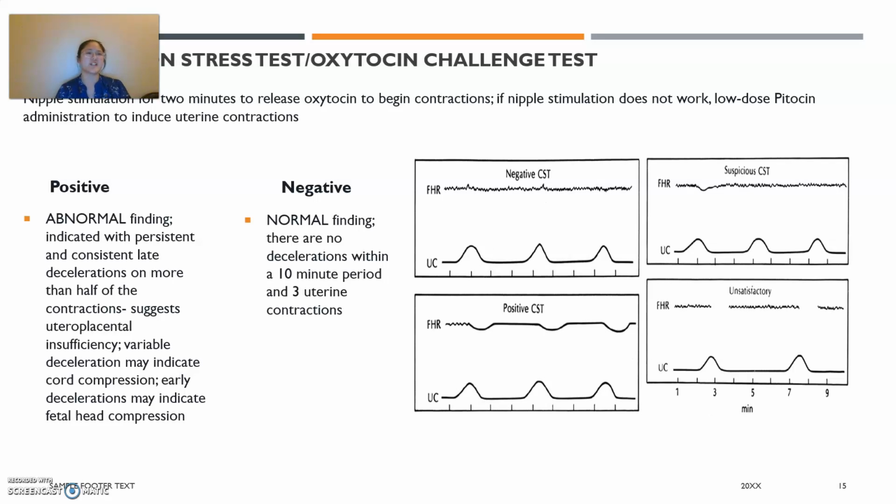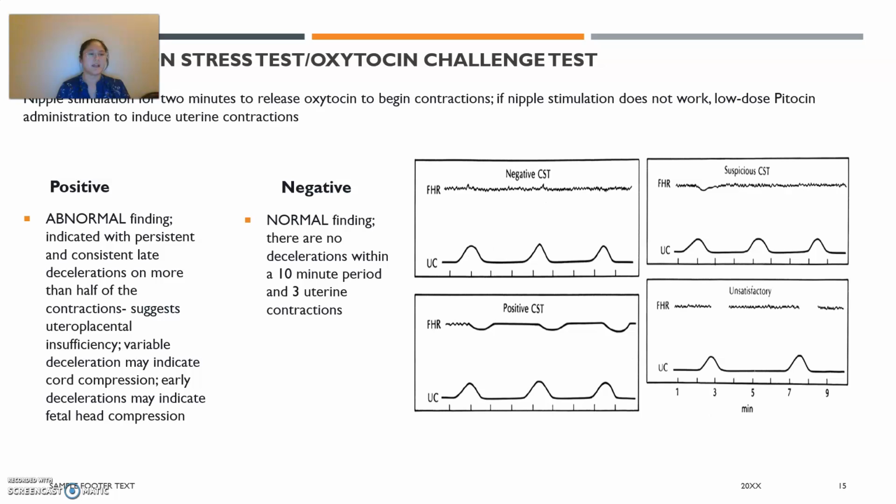The next one is the contraction stress test, also called the oxytocin challenge test. Nipple stimulation for 2 minutes releases oxytocin to begin contractions. If nipple stimulation does not work, a low dose of Pitocin will be administered to induce uterine contractions. A positive result shows abnormal findings: persistent and consistent late decelerations on more than half of the contractions, indicating uteroplacental insufficiency.